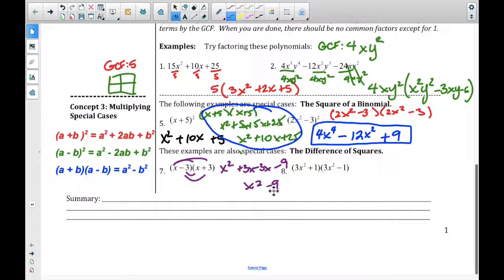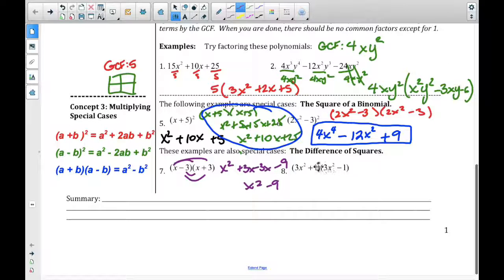The shortcut says we can do it shorter, and so that's listed over here. It basically says you just have to square the x and square the 3, and you get your answer. You put a minus in between them. So a little bit shorter. Let's take a look at number 8, doing it the short way with the memorizing the rule. So the rule says just square the first term.